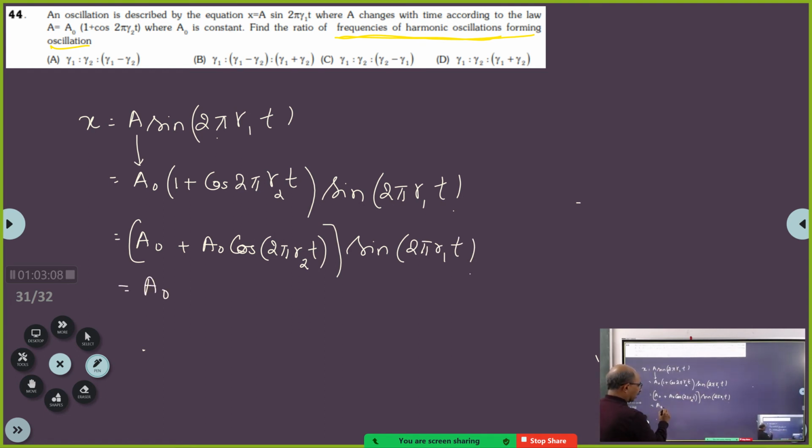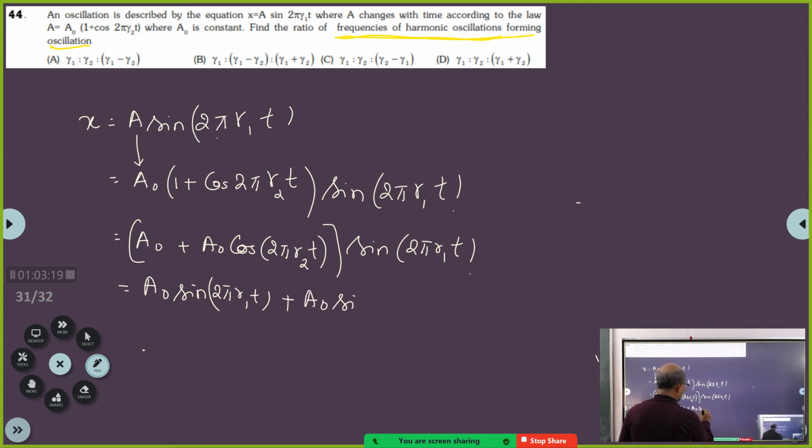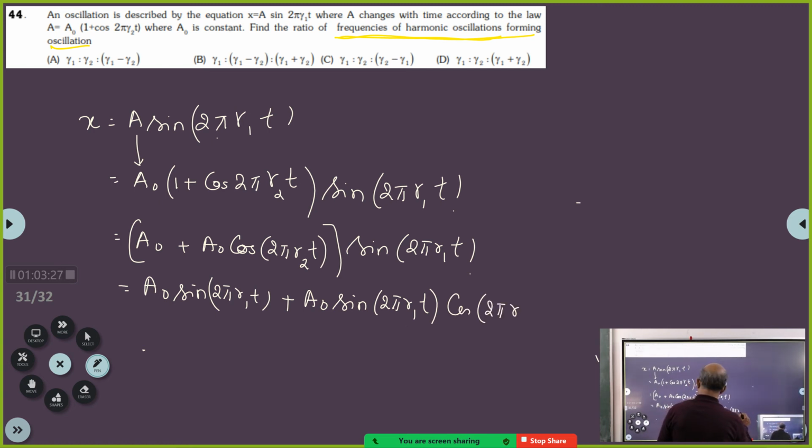So you will get here A naught sine of 2 pi gamma 1 t plus A naught into sine of 2 pi gamma 1 t into cos of 2 pi gamma 2 t. So this is of the type sine A cos B.